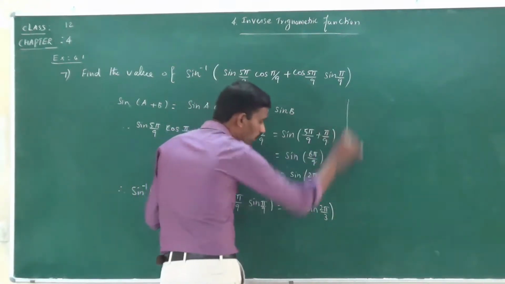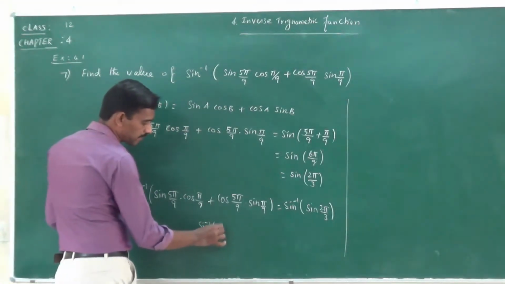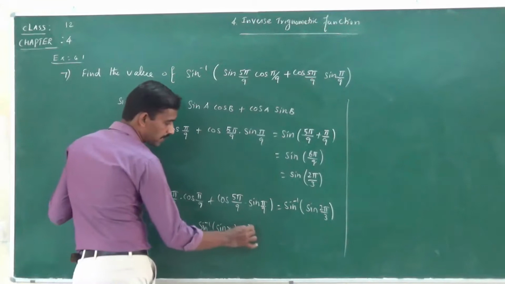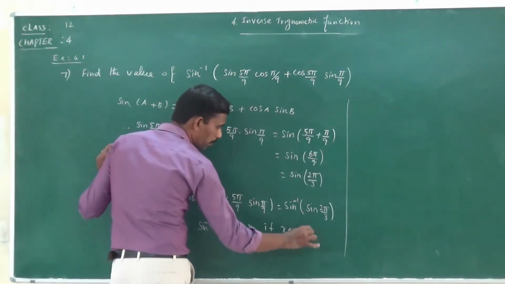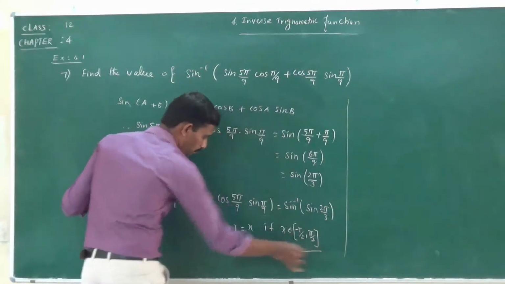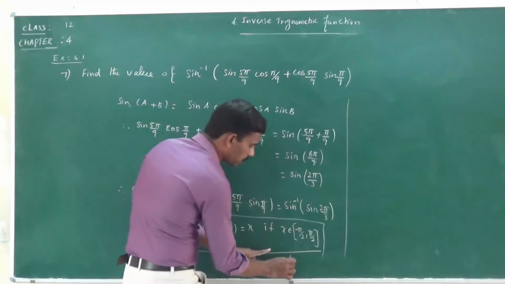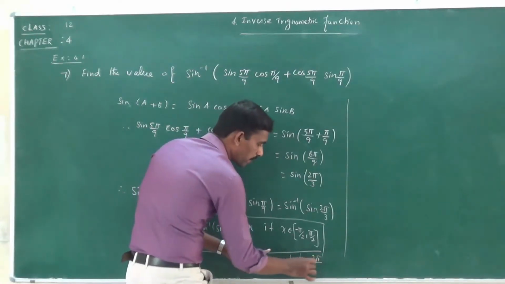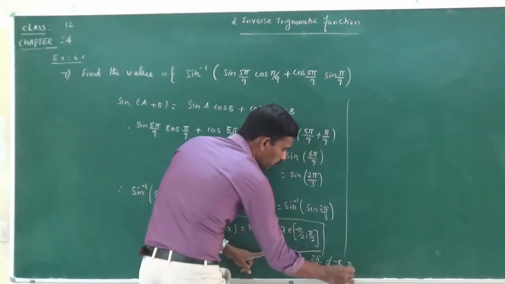Right? So, we know very well sine inverse of sine x is equal to x if x belongs to minus pi by 2 to plus pi by 2. This is the concept here, but 2 pi by 3 does not belong to the interval minus pi by 2 to plus pi by 2.